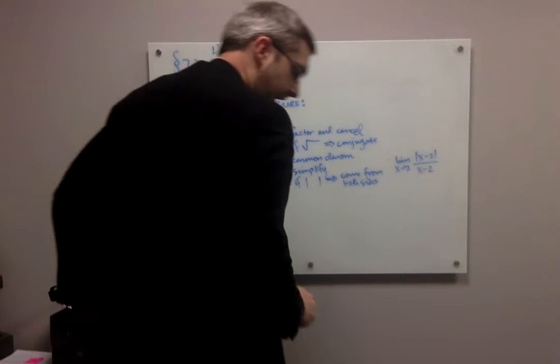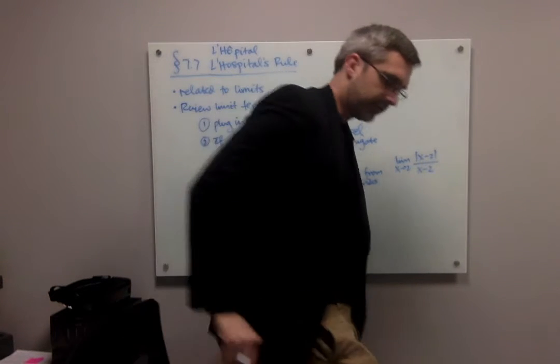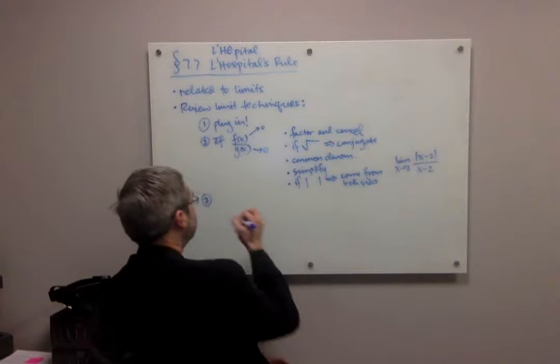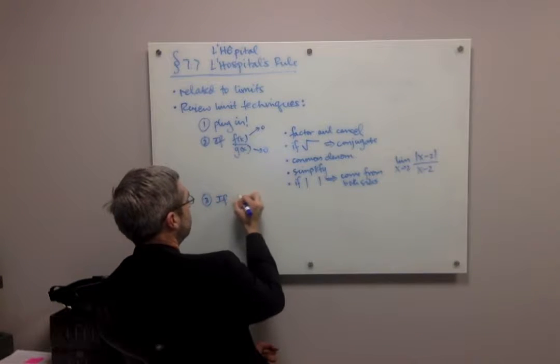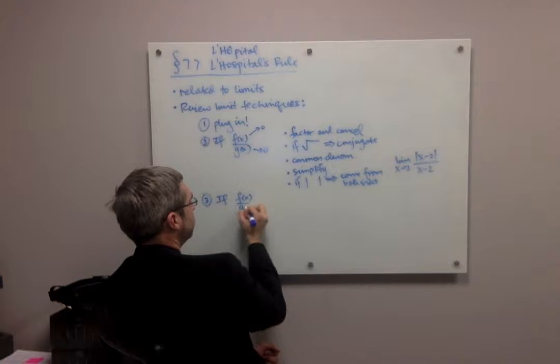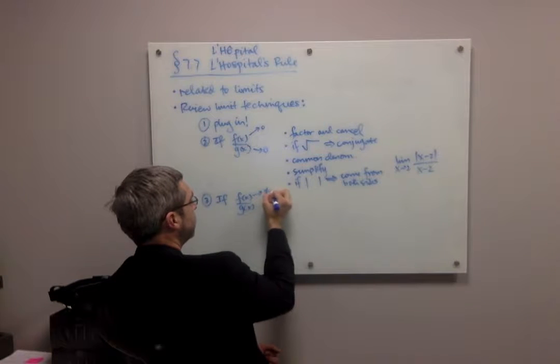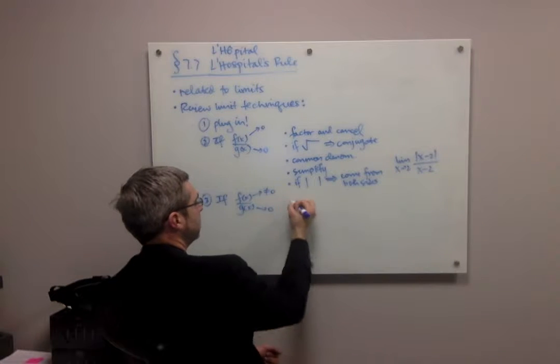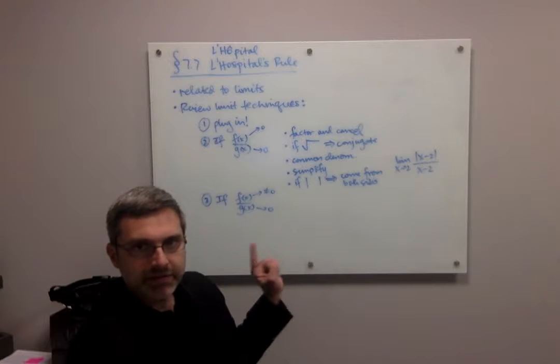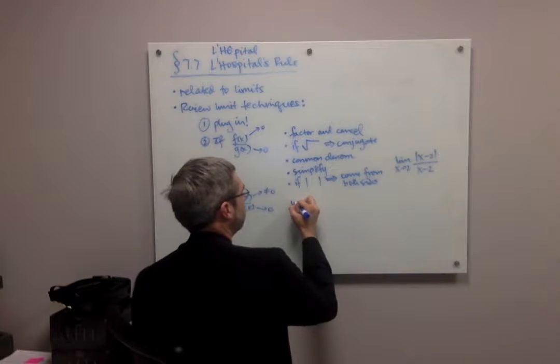Another example that we had, take a seat here just for a second, is that if we had a fraction where the top does not go to 0 and the bottom goes to 0, then something else happens here. This is actually an infinite limit.